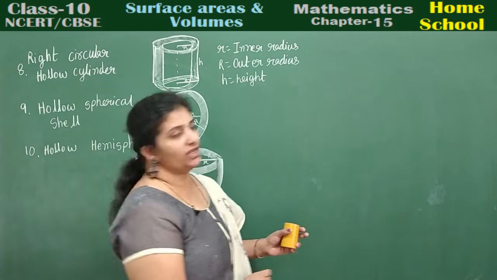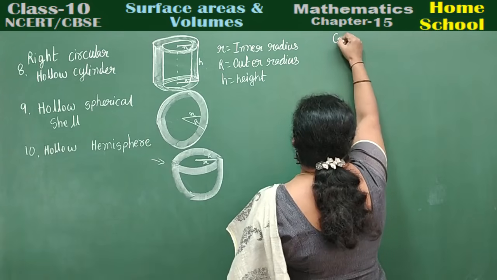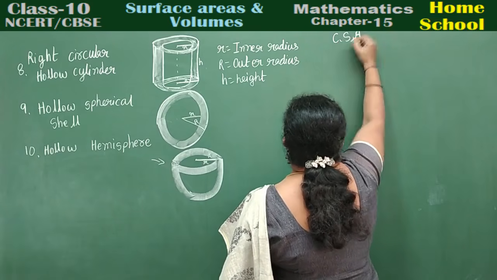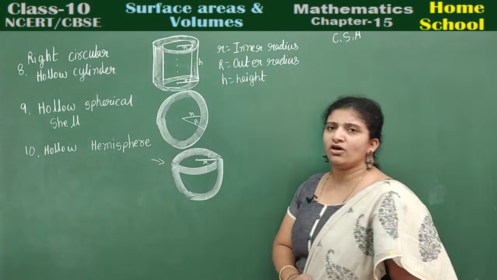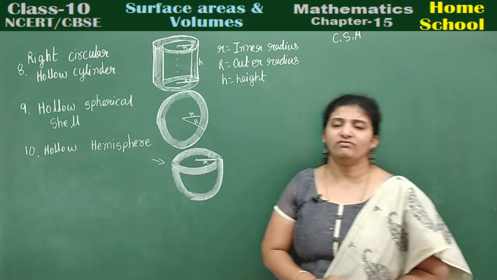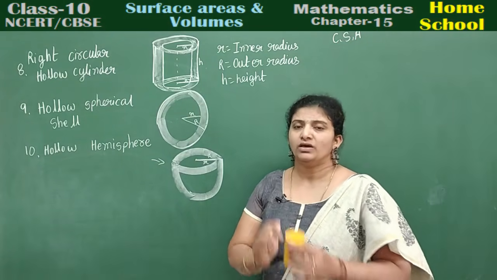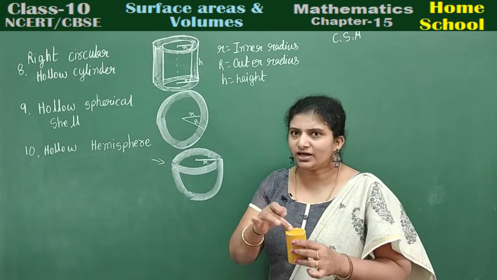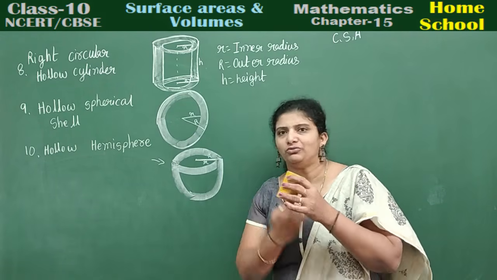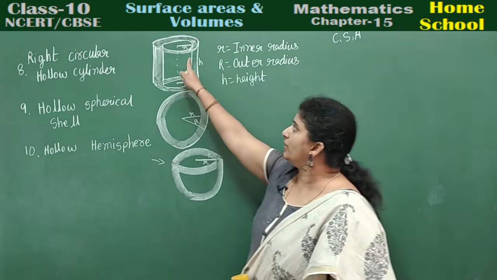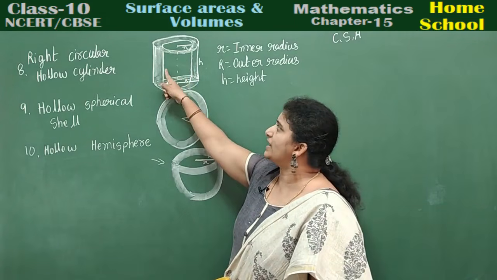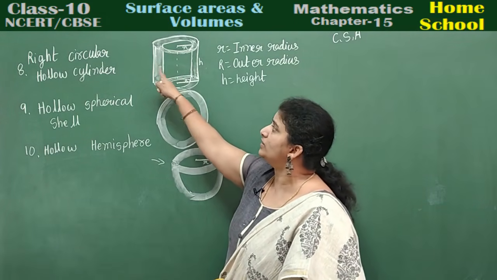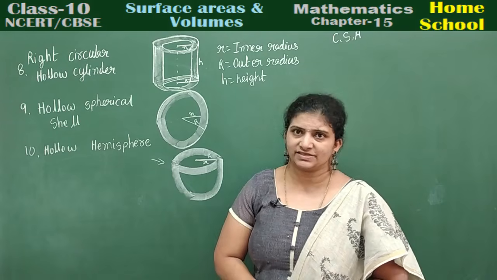First thing we need to find here is the curved surface area of the cylinder. How can we find this? It is hollow, so it will have two curved surface areas: the inner curved surface area and the outer curved surface area. Look here, the inner curved surface area, and from here to here, the outer curved surface area.